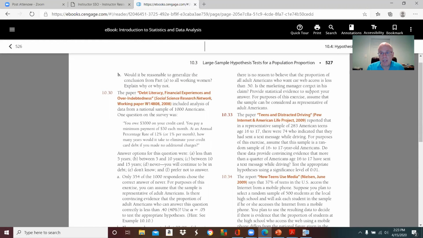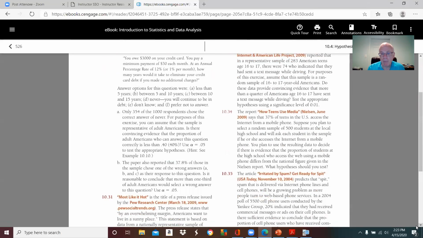Well, in this case, the marketing manager is hoping that the null hypothesis is true, that 0.5 is the proportion, but we're going to use the alternative hypothesis. We're going to check to see if the marketing manager is incorrect. So we're sort of the researcher in this case. And we're going to see if the value is less than 0.5.